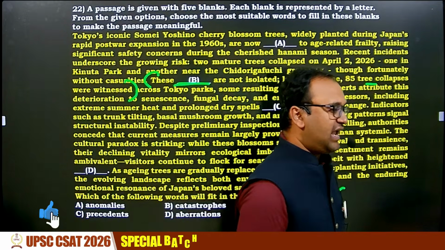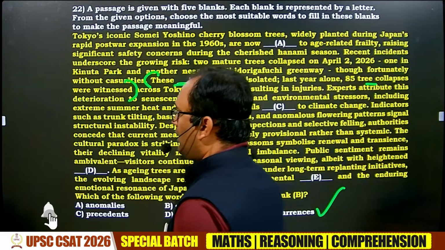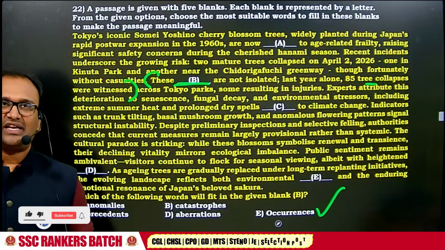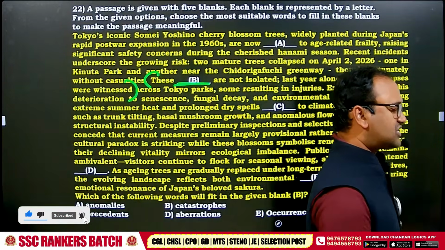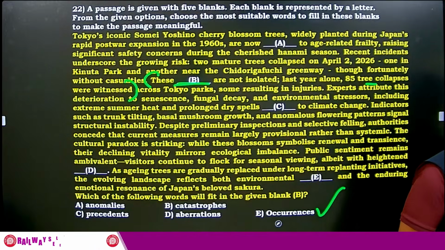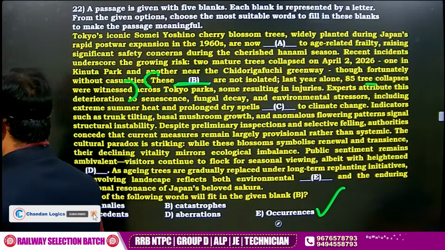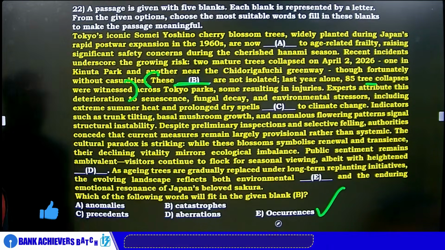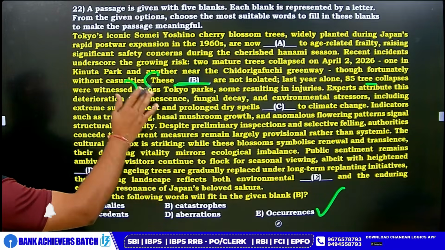When you say incidents, you're trying to say occurrences. So last year itself, many occurrences happened, like 85 incidents, 85 accidents. Occurrences is the right word.